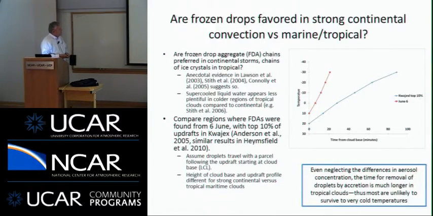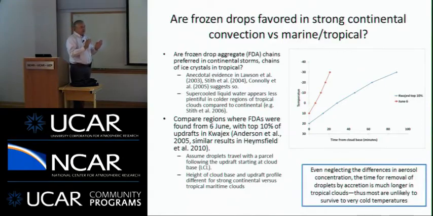I took the 90th percentile, so they looked at updraft cores, and this was the largest magnitude of the 10%. So 90% of the updraft cores had updrafts less than this.